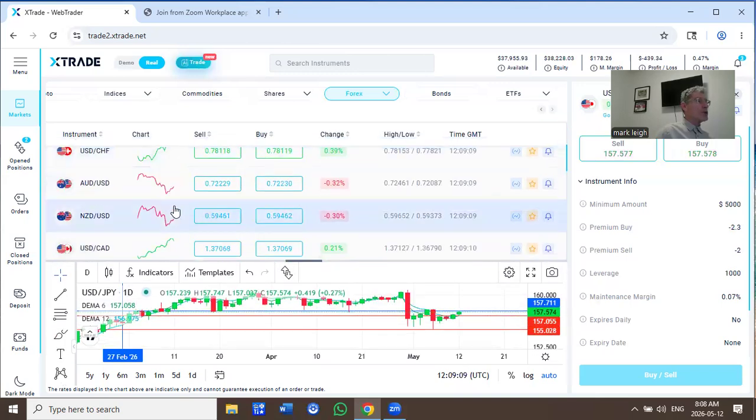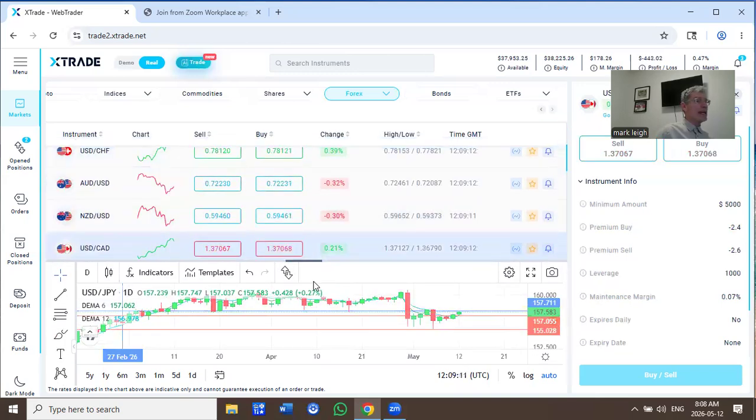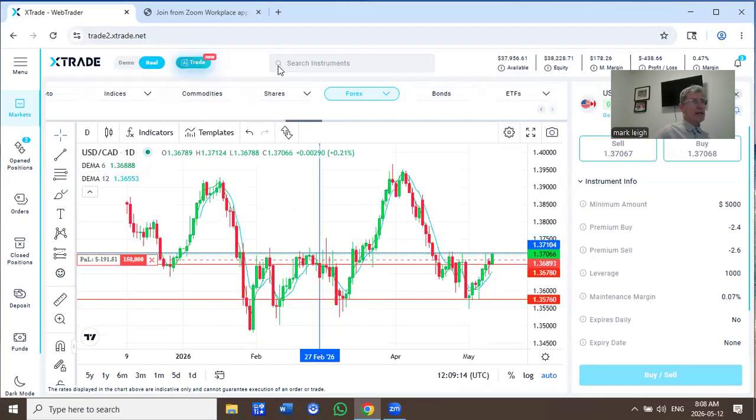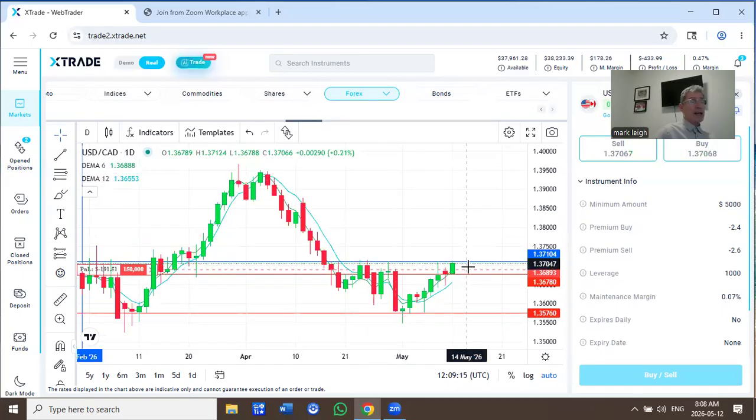And then we've got US dollar against the Canadian. And here you see the strong US dollar hasn't given up anything as yet, testing this tough resistance level at 137.10, been unable to break above this level since towards the end of April last month, holding strong this resistance level.